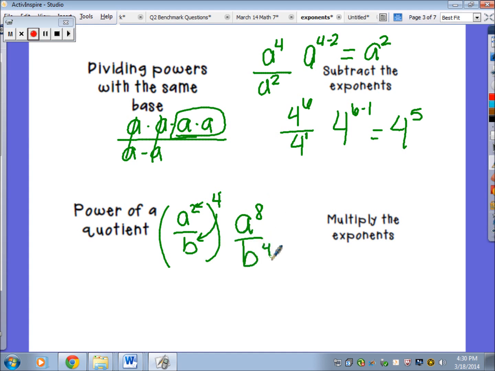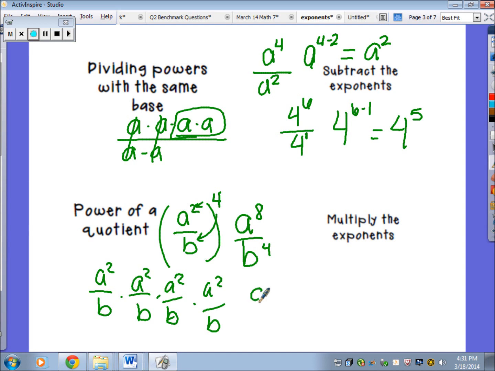And since our bases aren't the same, that's as far as we can go. If you want to look at it, if we have a squared over b 4 times, a squared over b, a squared over b, a squared over b, 2, 4, 6, 8, a to the 8th over 1, 2, 3, 4, b to the 4th power.